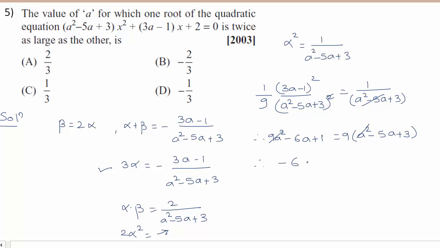So minus 6a plus 1 is minus 45a plus 27. 45a when we shift on the left hand side, we get 39a is equal to 26. So a is equal to 26 upon 39, that is 2 by 3. So 2 by 3 is the answer.